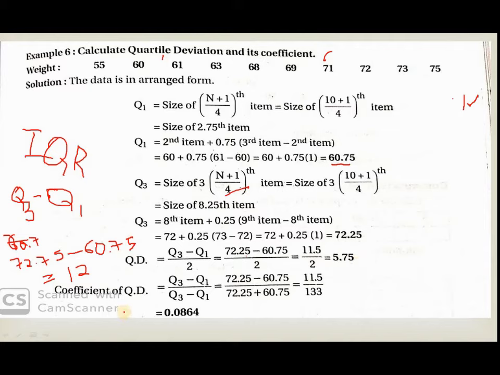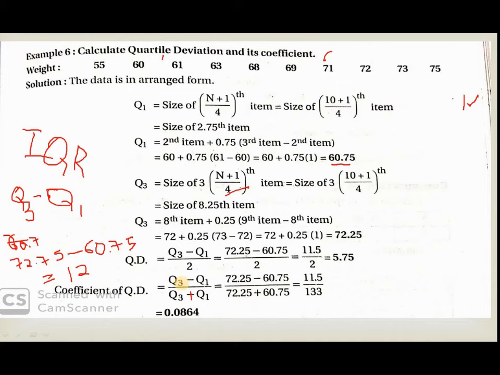And the coefficient of quartile deviation, again, is Q3 minus Q1 divided by Q3 plus Q1. So we get the coefficient of quartile deviation as 0.086. Clear?